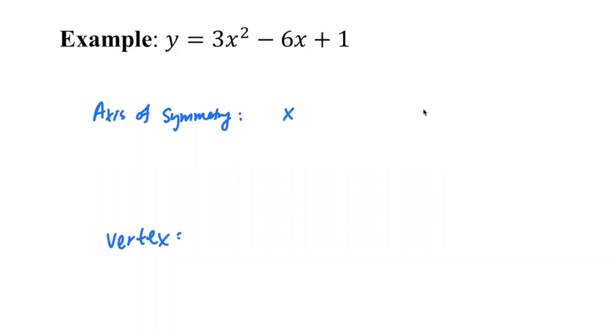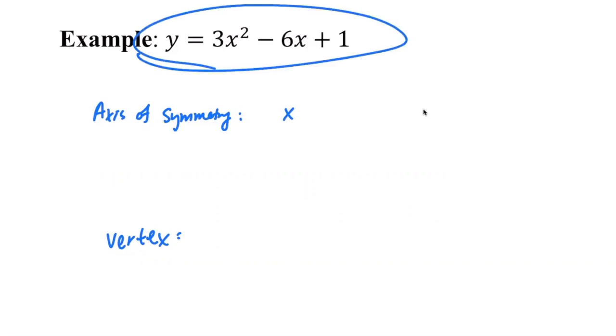So what's the axis of symmetry when you are given the standard form? The standard form would be 3x squared minus 6x plus 1, and we're going to do negative b over 2a to find the axis of symmetry. Our b value is -6, and our a value is 3.